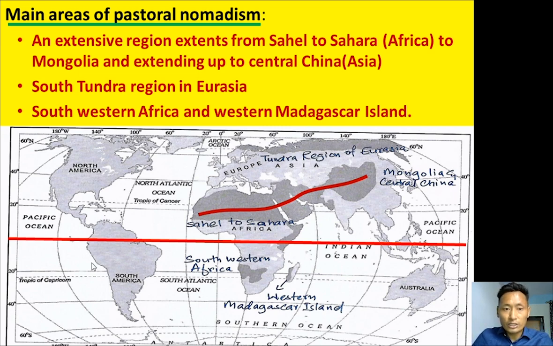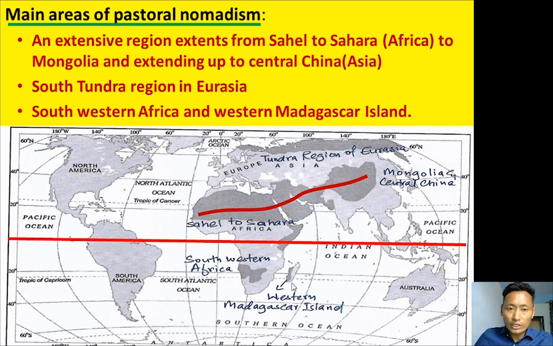So if you look at the world map, this red line shows the equator. Nowadays, most people who are engaged in hunting and in pastoral nomadism are mostly in the northern hemisphere of our earth. North of the equator is called the northern hemisphere and south of the equator is called the southern hemisphere.